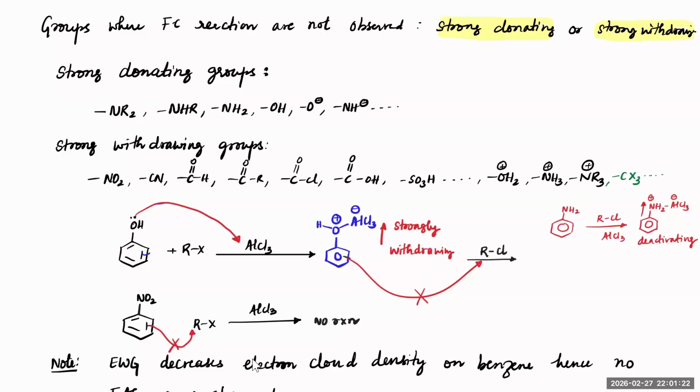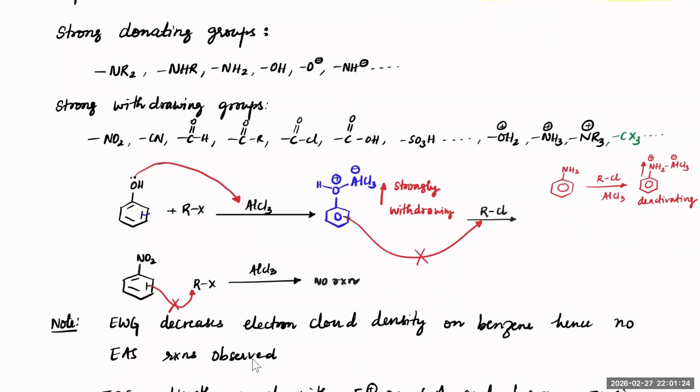Now notice in the case of phenol, we expect that benzene will attack RX, where X will attack AlCl3. Alternatively, what happens? The lone pair present on OH will also attack the Lewis acid, and once oxygen gets a positive charge, this entire group becomes a strongly withdrawing group.